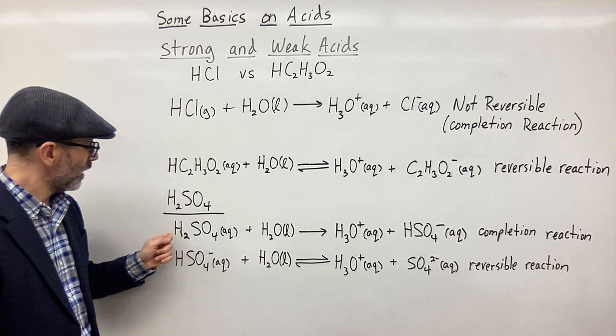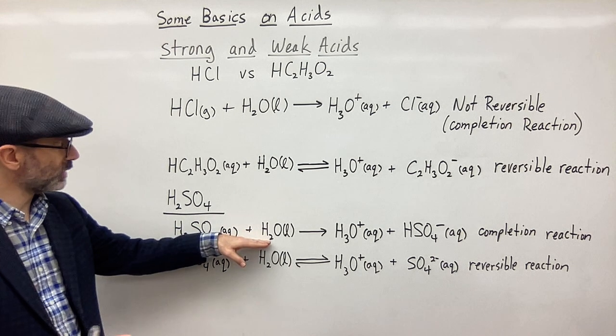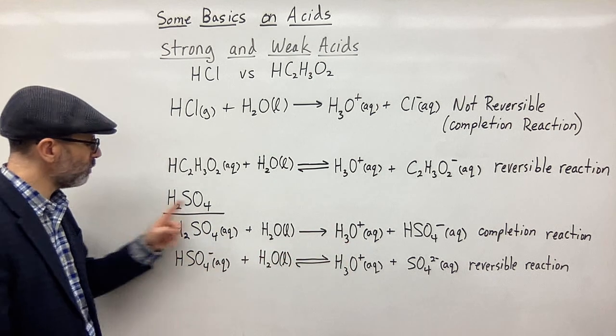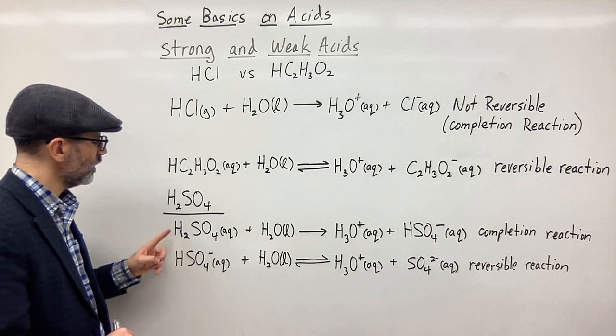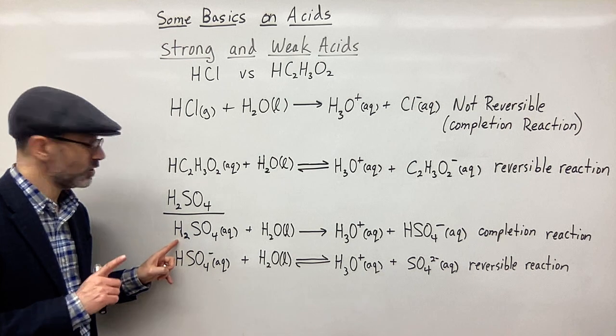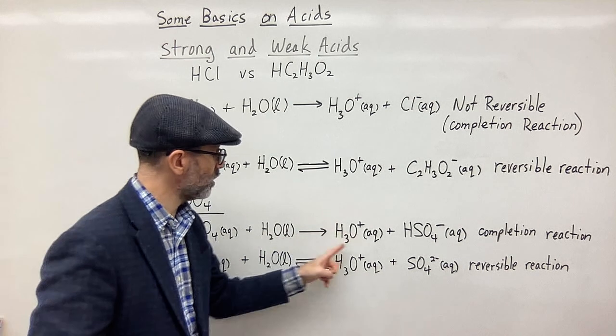So here, H2SO4 is going to react with water completely, and it's going to go in this direction. Pretty much almost all of this is going to ionize and donate the first hydrogen, one hydrogen to water to form the hydronium ion.